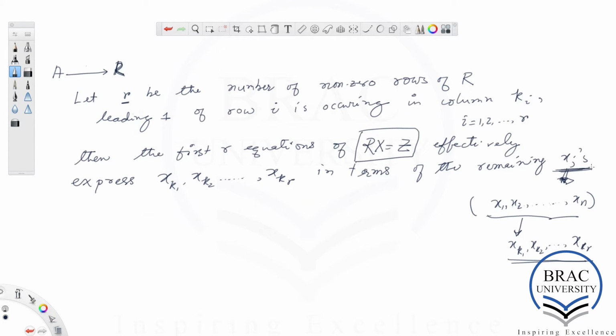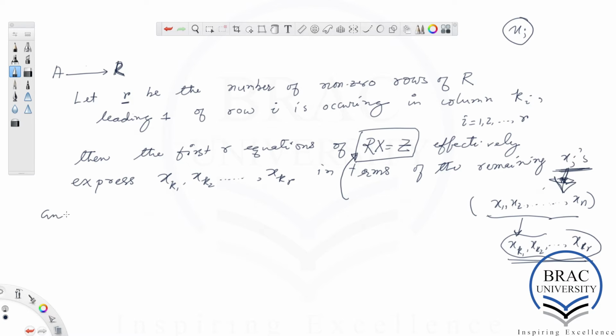If you look at the non-zero rows of this system, we see that these leading variables can be expressed in terms of the remaining xj's, which we denoted with uj's earlier, but now we are not using the uj's.